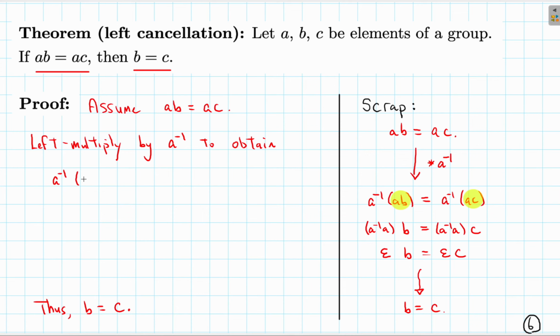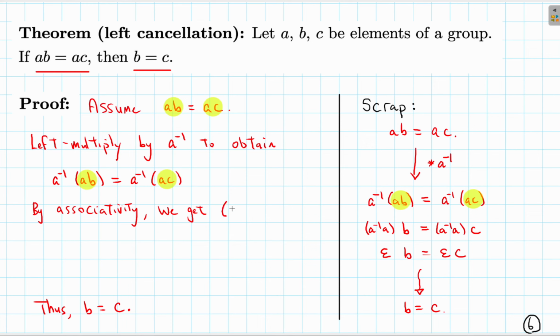A inverse times AB is equal to A inverse times AC. And so once again, this was our original equation, AB equal to AC. That's what we see here. And we multiplied on the left on both sides by A inverse. And then by associativity, we get to move the parentheses around.